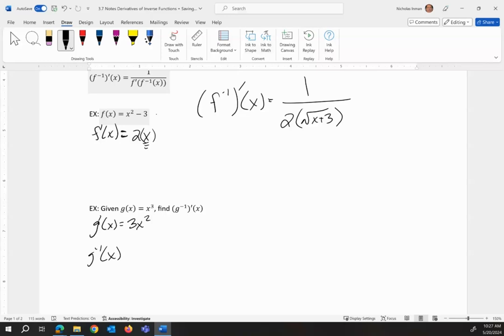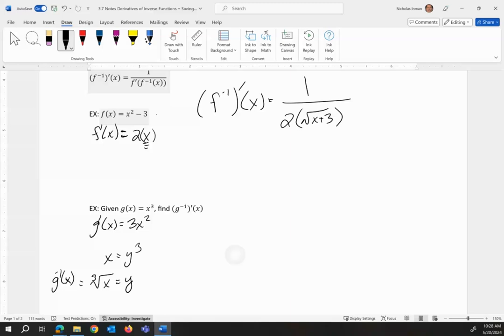All we would do is switch our x and our y, and then take the cube root. So it's really easy to find the derivative of the original, and it's really easy to find the inverse of the function. But to find the derivative of this cube root is definitely a little bit harder.